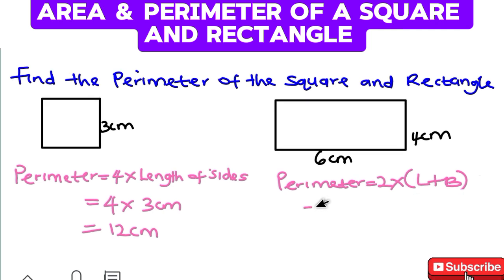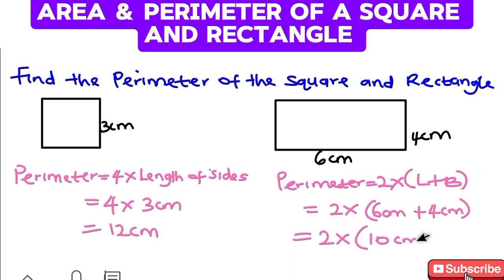So this is equal to 2 times our length, which is 6 cm, plus our breadth, which is 4 cm. And this is equal to 2 times 6 plus 4, which gives us 10 cm. 2 times 10 will give us 20 cm. Therefore, the perimeter for this rectangle is equal to 20 cm.